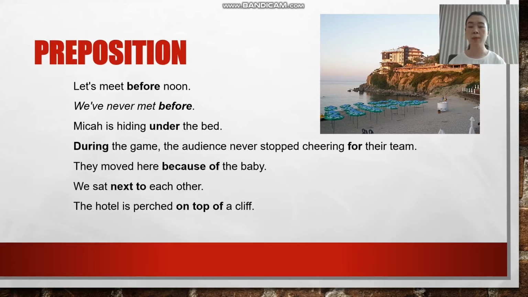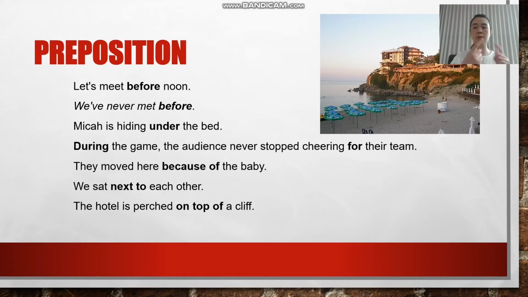Okay, what about the next ones? Mika is hiding under the bed. During the game, the audience never stopped cheering for their team. They moved here because of the baby. We sat next to each other, and the hotel is perched on top of a cliff. Okay, so you can see from the first sentence until the last sentence, except the second one, because the second sentence is not a preposition, that is an adverb.